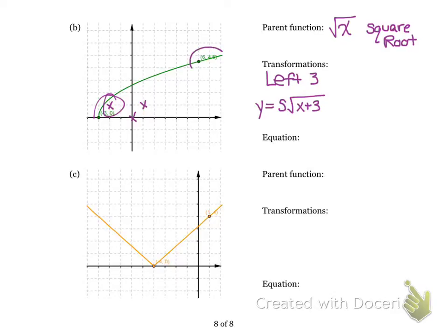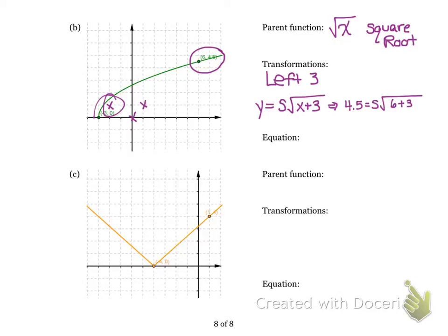Now, we are going to borrow this point right here for the x value 6 and the y value 4.5 and solve for s. That's going to look like this. We're going to have 4.5 equals s square root of 6 plus 3.